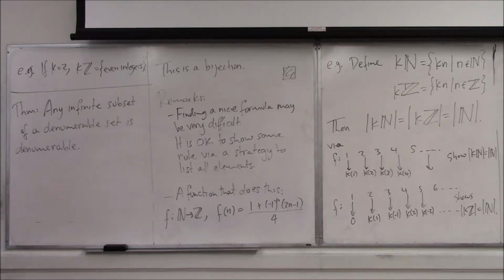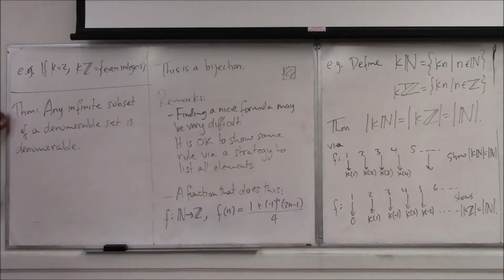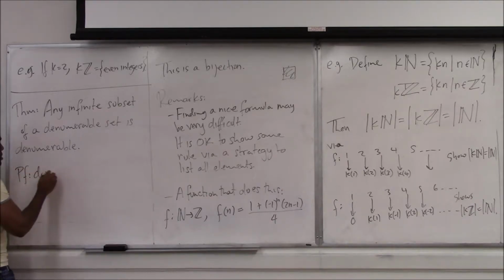So this will cover all of these examples. If you have any denumerable set, any infinite subset of that set must also be denumerable. You can prove this using the well-ordered principle. We're going to skip the proof done in the text.